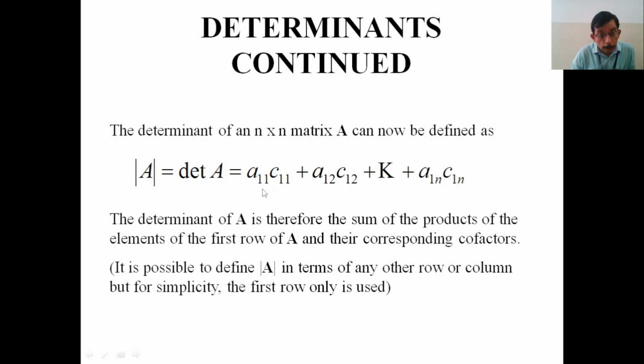If we expand the determinant along the first row, then the value of the determinant is A11 with its cofactor C11, plus the second element A12, first row second column, with its cofactor C12, and so on. The last element of the row is A1n with its corresponding cofactor C1n. Then the value of the determinant is the sum of the products of the elements and their corresponding cofactors. This is the method for a 3 by 3 order determinant.